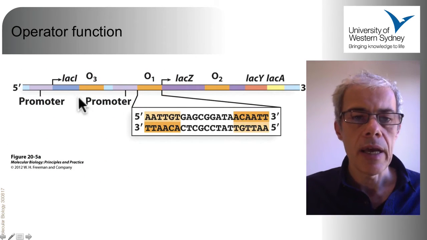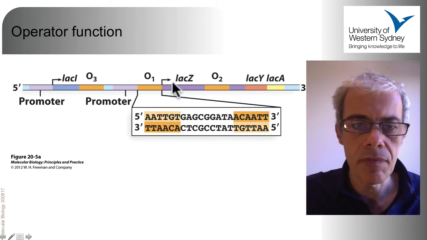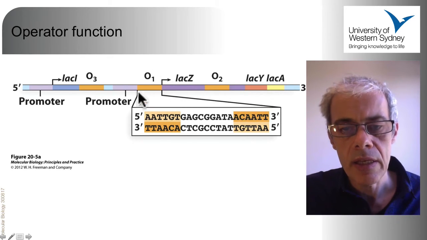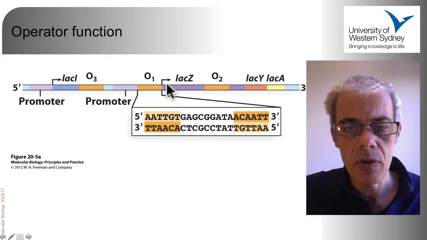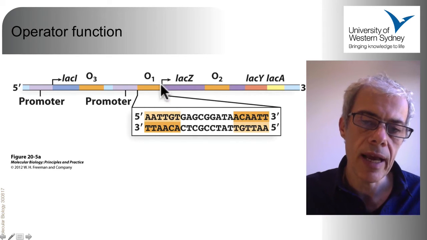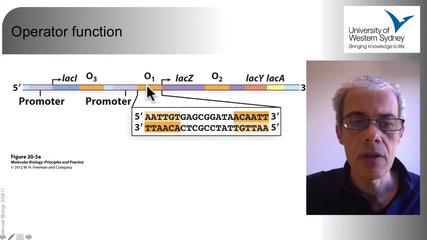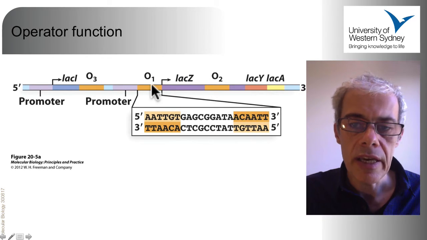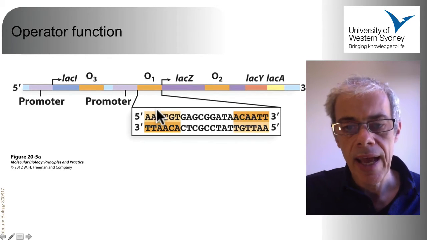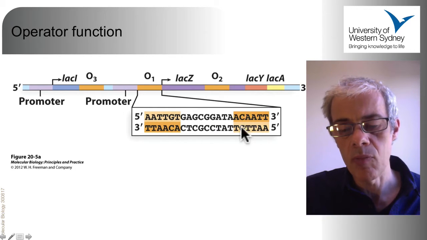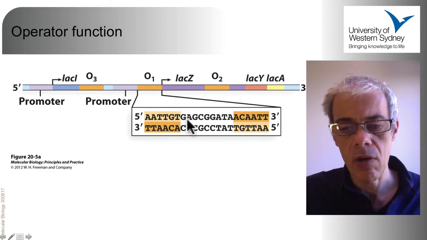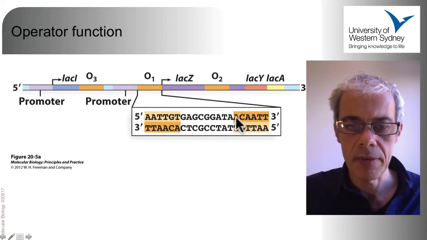Again, this is just a slightly more detailed view of the Lac Operon. Here's the initial operator that we've been looking at, where we know the Lac repressor binds. There's also another operator here and another operator here. Each of these 3 operators has an inverted repeat for the binding of the Lac repressor.